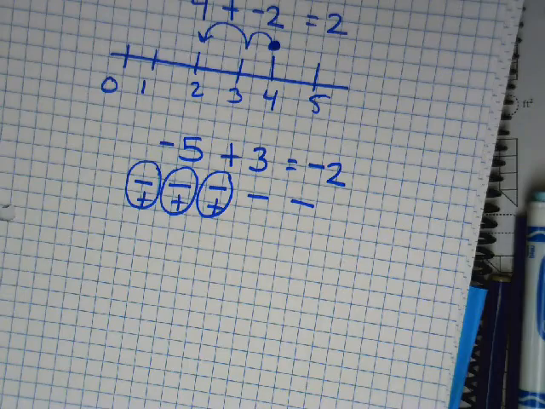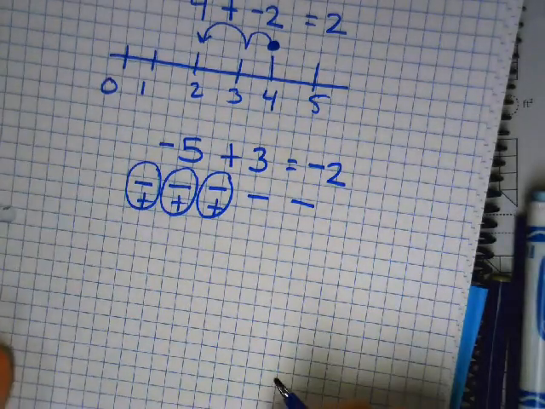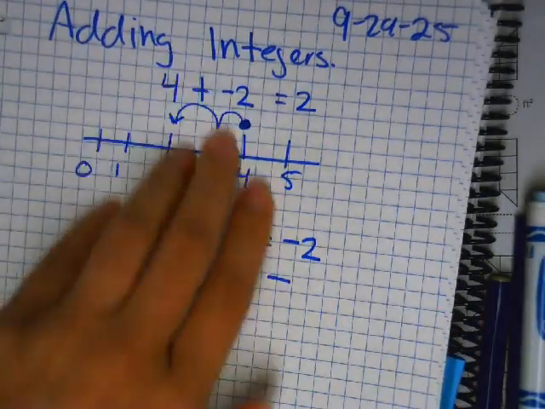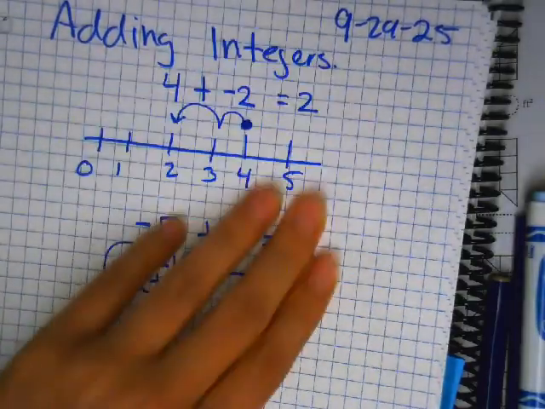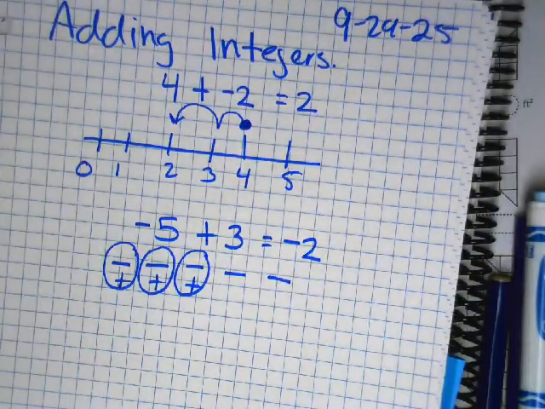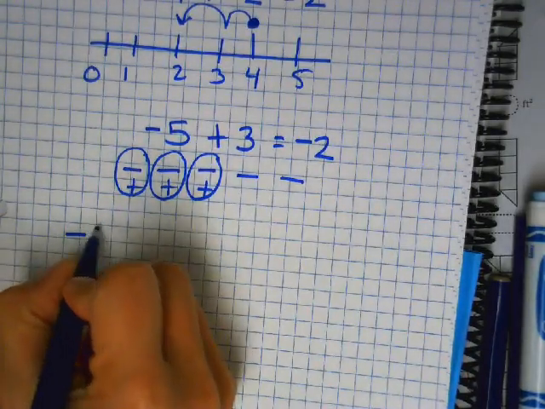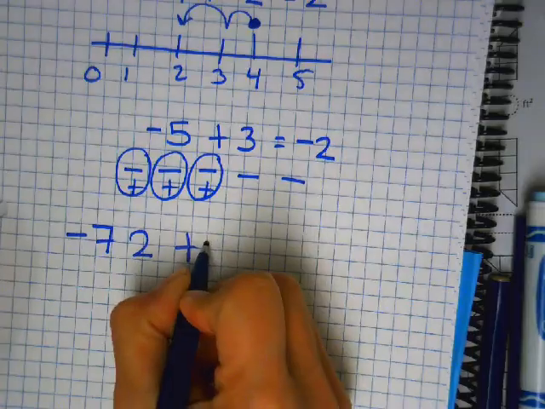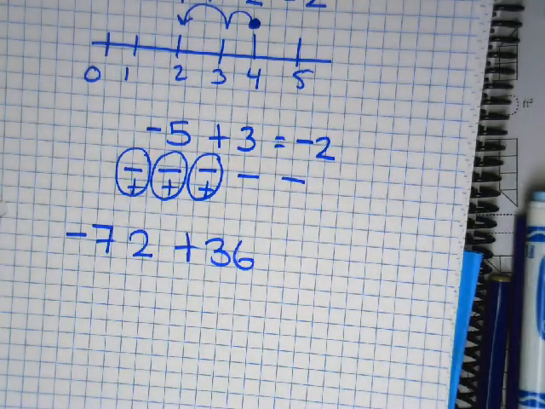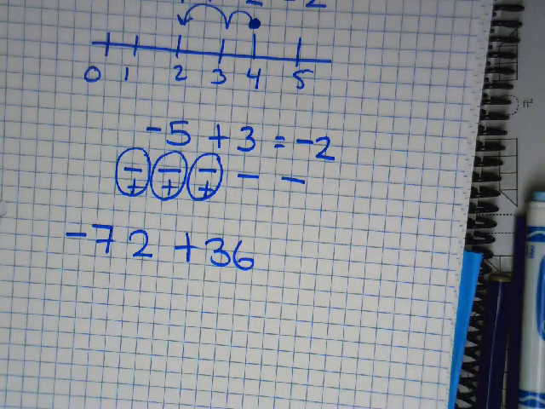So for example, this is cool to do, beginner level, and if they're small numbers, like less than 10. But if your numbers are like negative 72 plus 36, do I really want to draw negative 72 tiles and 36 positive tiles?